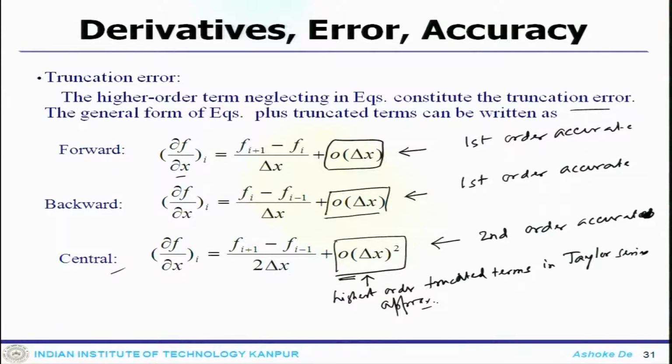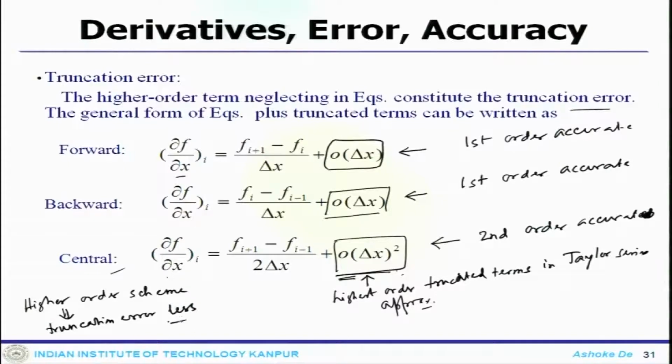So, essentially the kind of terms that you retain will dictate the order of accuracy. The more higher order terms you use, the less truncation error you get. So, I can have a higher order scheme, and that immediately means my truncation error would be less.